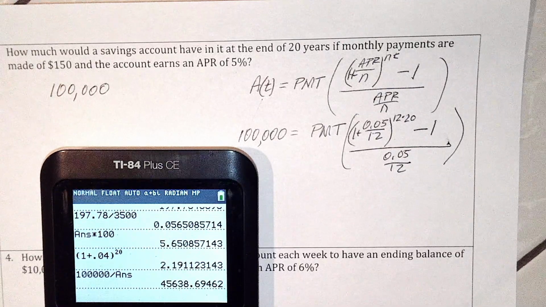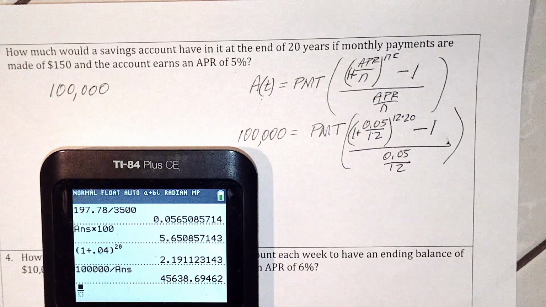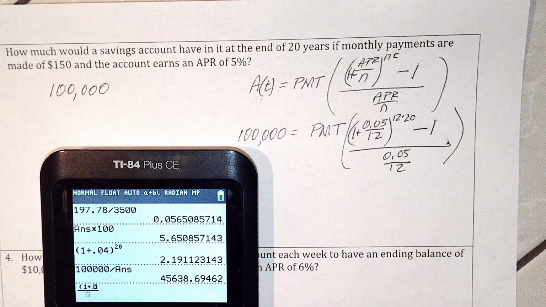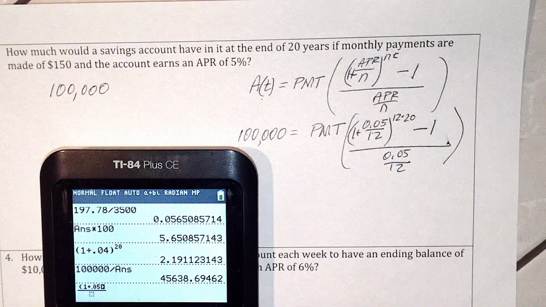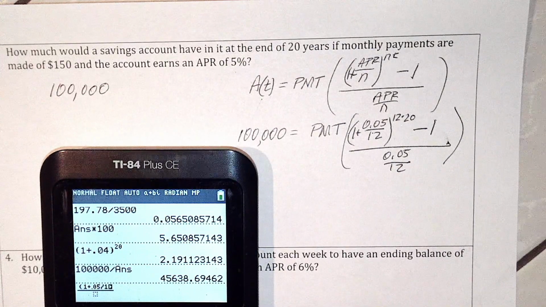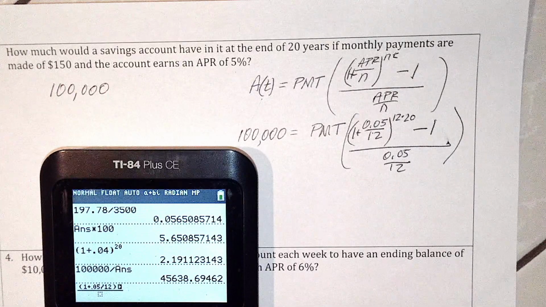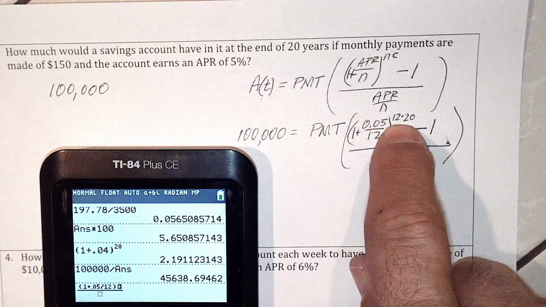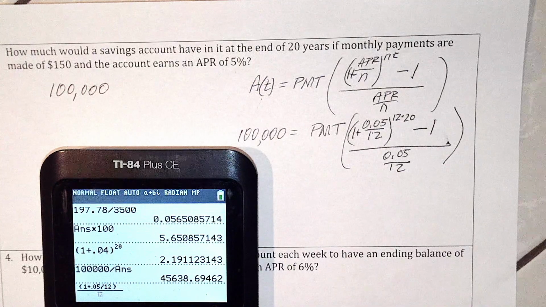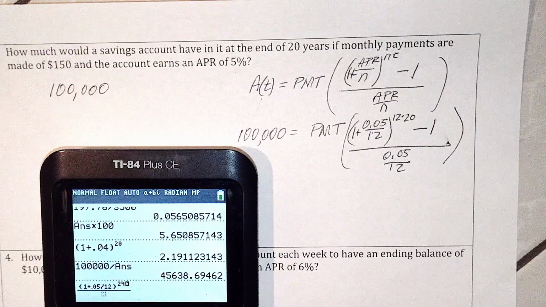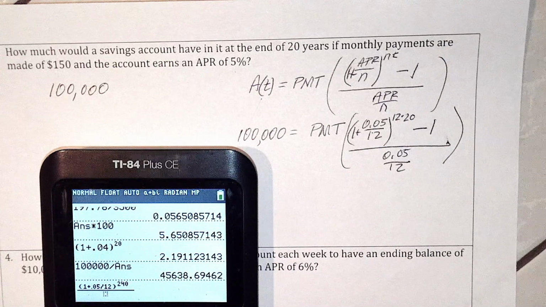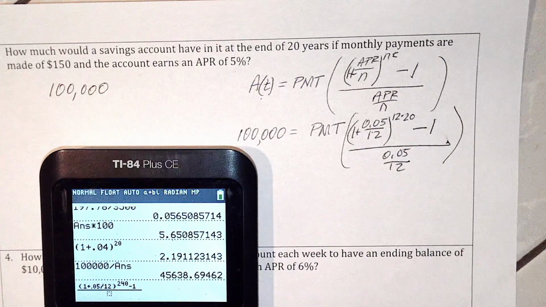So it's a fraction. On this calculator, I can make it a fraction and do parenthesis 1 plus 0.05 divided by 12, close parenthesis, to the, 12 times 20 is 240, to the 240, come down, minus 1, that's the numerator, and the denominator is 0.05 divided by 12.